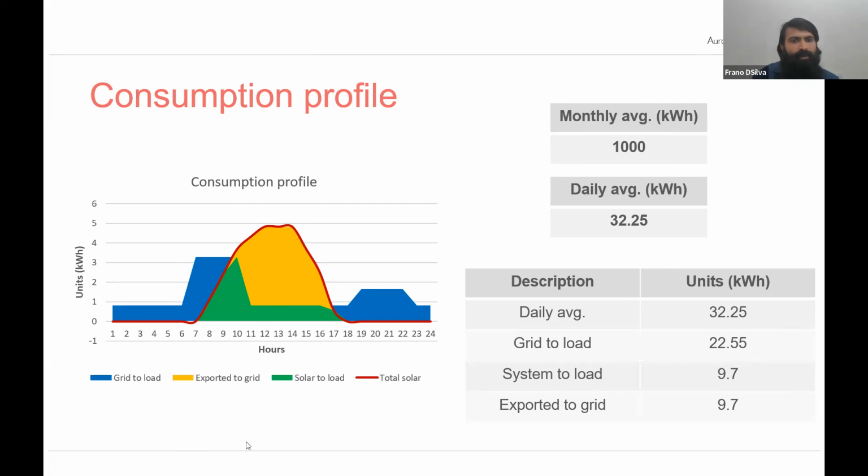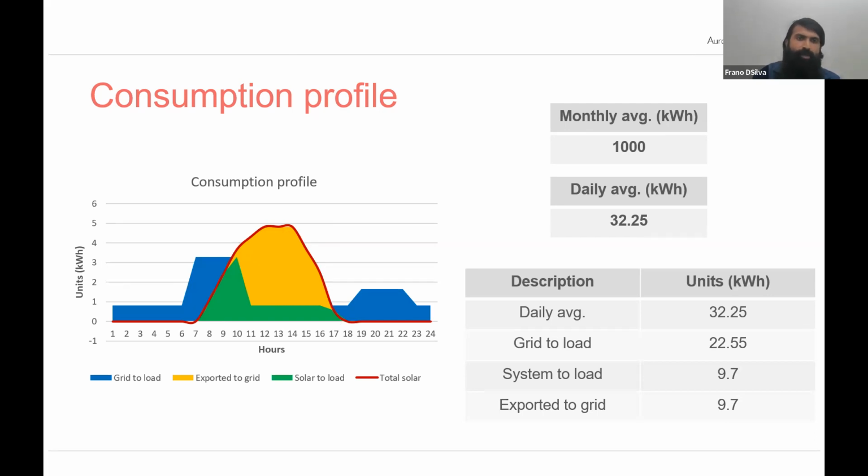Whatever load or consumption profile falls under this curve is then managed by the solar system installed. That is represented by the green area shown under the curve. The orange area represents the amount of solar energy that is exported to grid after satisfying the load requirement at the location.